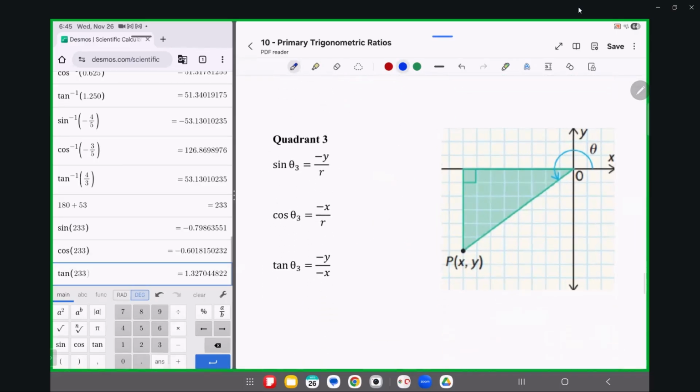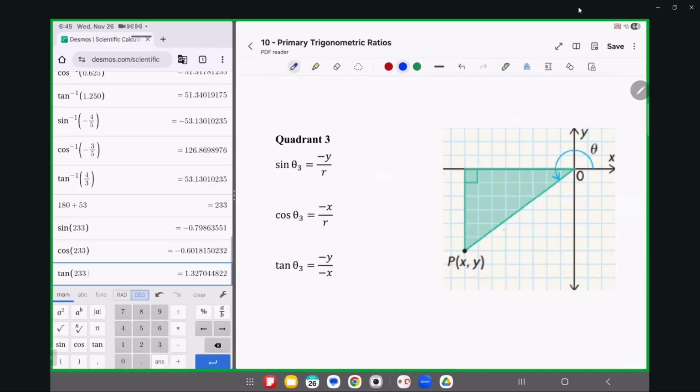What about quadrant 3? We don't have a unit circle this time. I couldn't find a diagram online in quadrant 3. These things happen. So sine of theta 3. This is an angle that's going to be in quadrant 3. The y component is going to be negative, because that's all we know for sure. So here, you might think of this as a point, let's see, 1, 2, 3, 4, 5, 6, 7, 8.